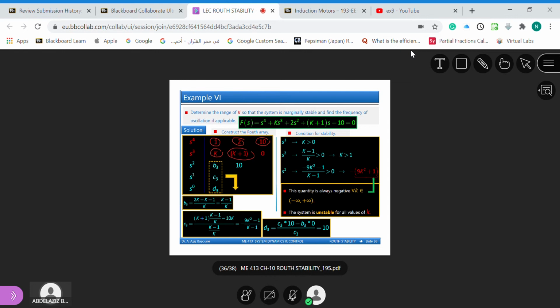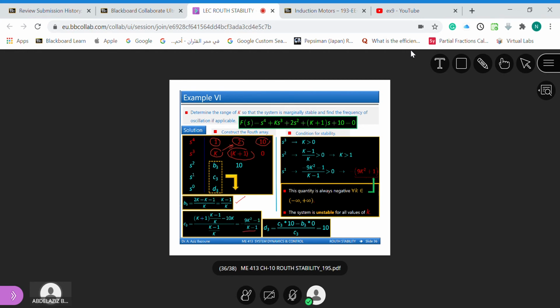And then here, how to construct? I'm saying in a B3, and then 10, and C3, and then D3. How to find B3? B3 will be K times 2 minus K plus 1 times 1 divided by K. So at the end of the day, B3 will be this one, and C3 will be K minus 1 multiplied by K plus 1, divided by K minus 10 times K over K minus 1 over K. So at the end of the day, we'll get C3 will be minus 9K squared minus 1.